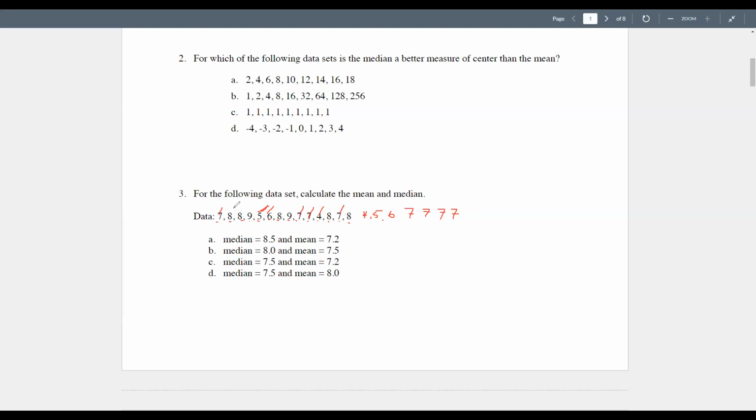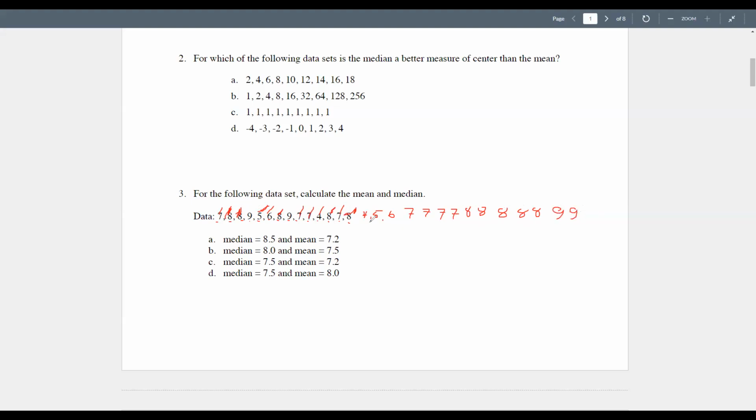Then you got 8, 8, 8, 8, 8, then 2 more 8s. And then after that, you're gonna have 9, 2 9s.